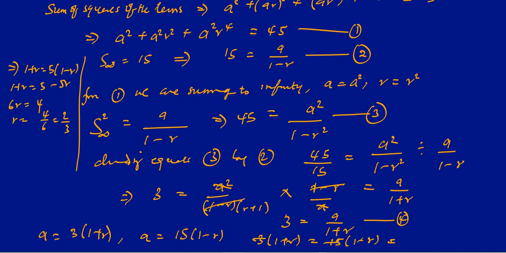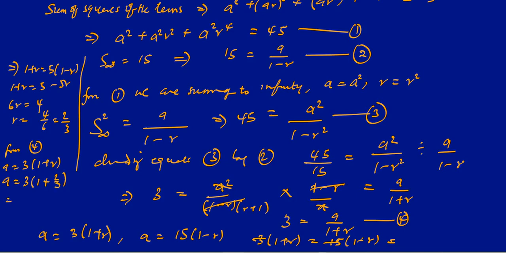So how do we get A? From equation 4, A is equal to 3 bracket 1 plus R. So A will be equal to 3 bracket 1 plus R, which is 2 over 3.